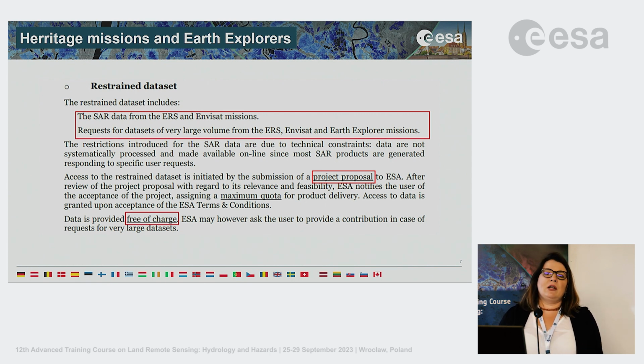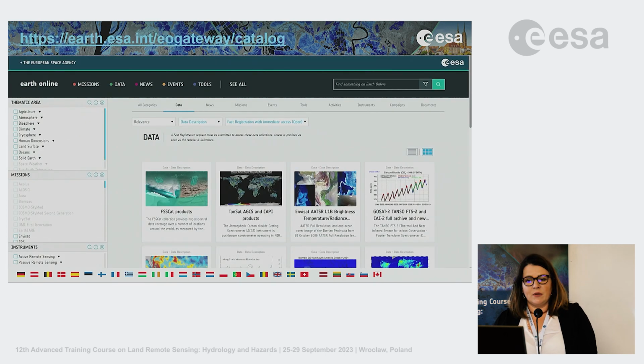Basically, you have to explain why you want to get the data, and that's it. Data will still be free of charge. Usually the project proposal acceptance is very quick. So this is how it works for heritage missions and Earth Explorers.